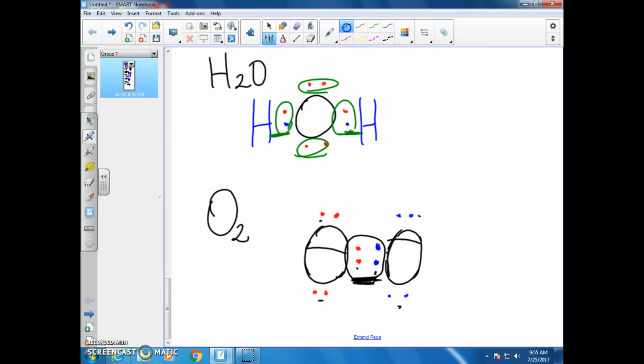So that means that oxygen 1 here has 2, 4, 6, 8, and oxygen number 2 has 2, 4, 6, 8, and so they share all 4 of the ones in the middle. Both of them have 8, and they're stable.